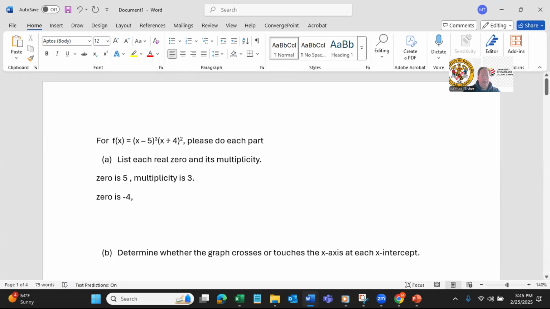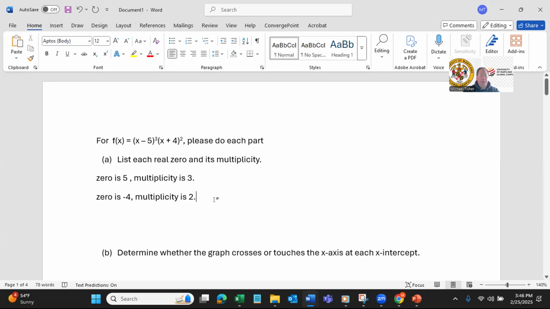The exponent on the factor with the negative 4, or x plus 4, is 2. So that's the multiplicity of the zero. Okay, so recapping, we can say that the multiplicity of 5 is 3, and the multiplicity of negative 4 is 2.